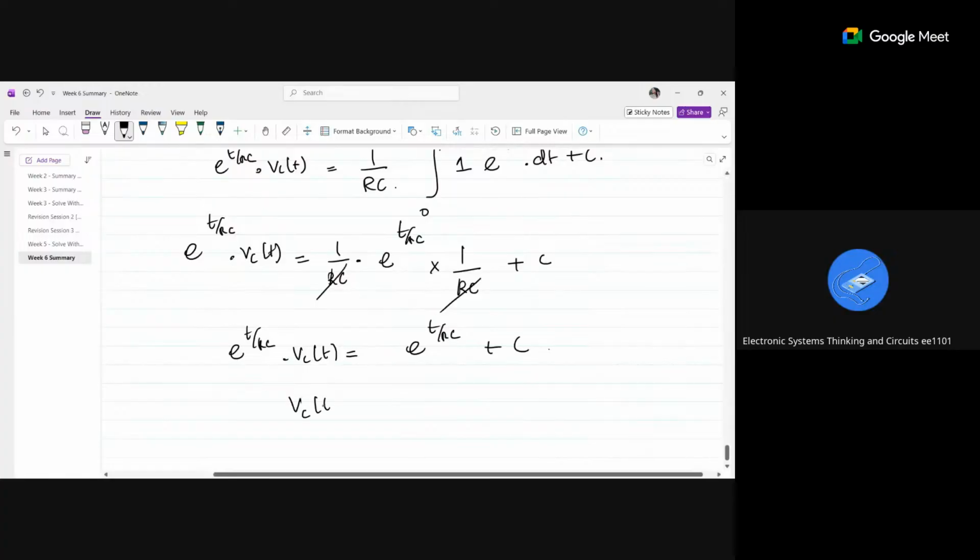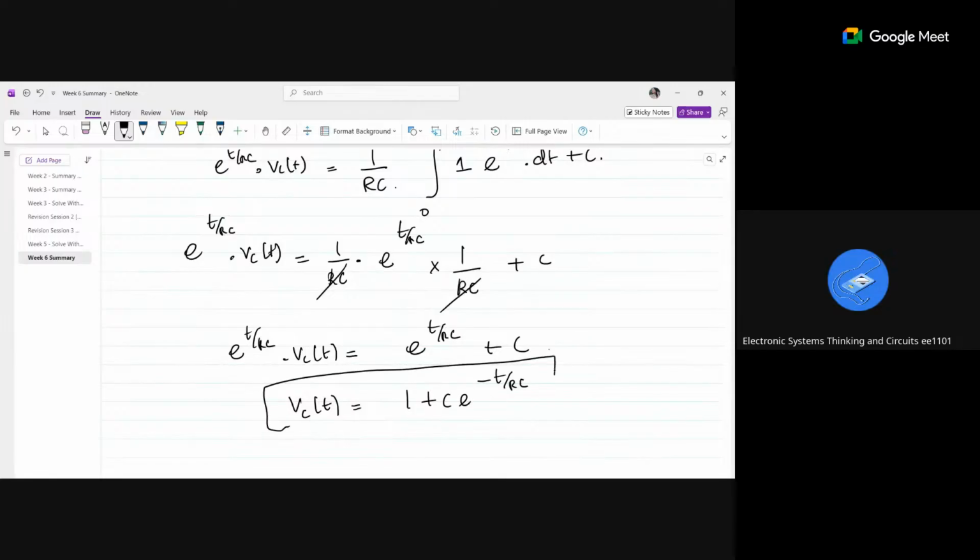Now Vc of t is 1 plus c e power minus t by rc. So now we have derived the equation for Vc of t. It's a little bit long derivation, right? Ma'am, finally, this is the formula.